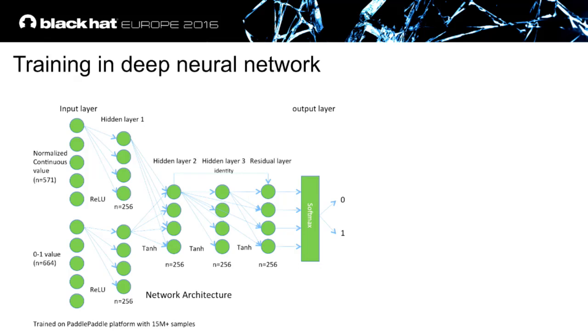Now look at the input layer. We have 571 continuous features, and we have 664 0-1 features, totally 1,235 features. You may think 1,000 features is a little small for deep learning, but I want to say it's good enough.